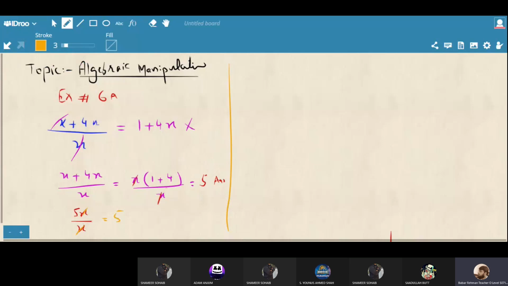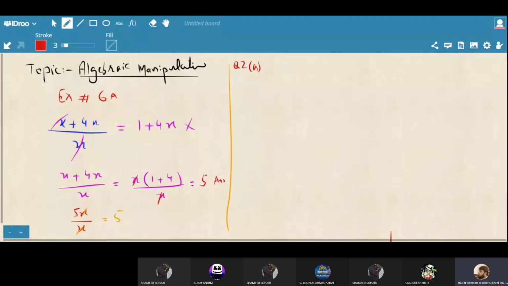We will be doing each and every part of each question, so that you get the concept of this. Exercise 6A, and then question number 2A. You will see that first we take the common, then we can cancel.